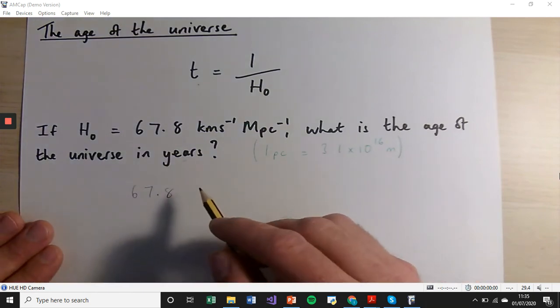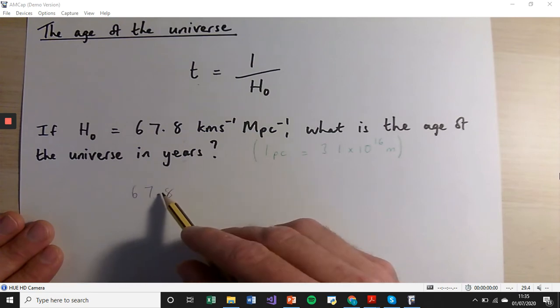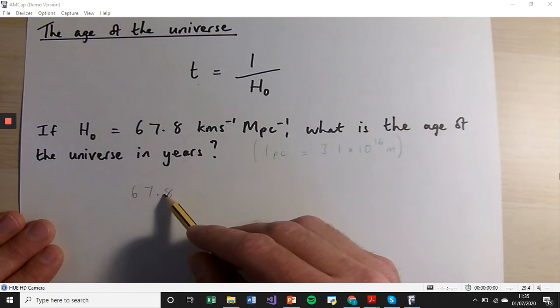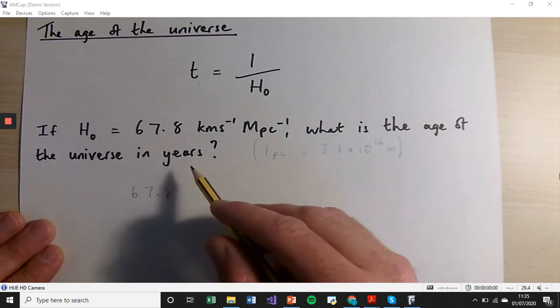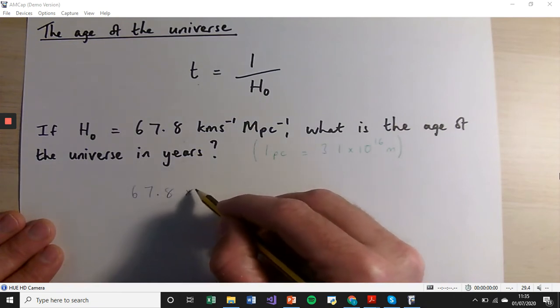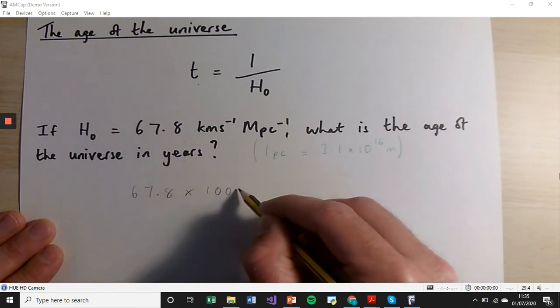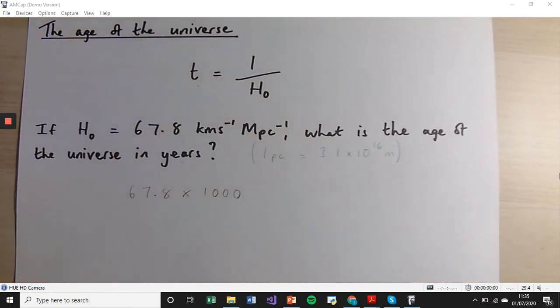First of all, if we turn this value into meters per second per megaparsec, that involves multiplying it by 1,000. So 67.8 times 1,000. I'm instinctively reaching for my calculator. I know I don't need it for this part, but I'm going to get the calculator anyway.